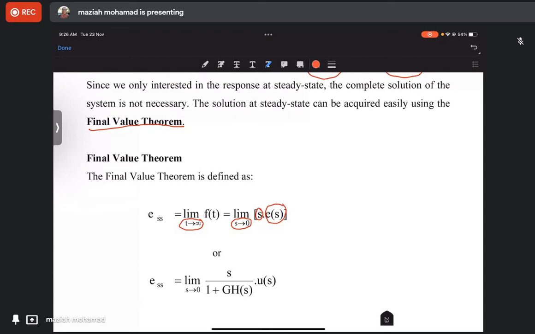We already have E(s), which is 1 over 1 plus GH(s) multiplied with U(s). So we just multiply with s, then apply limit s equal to 0.